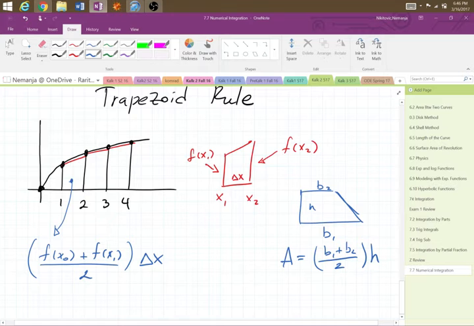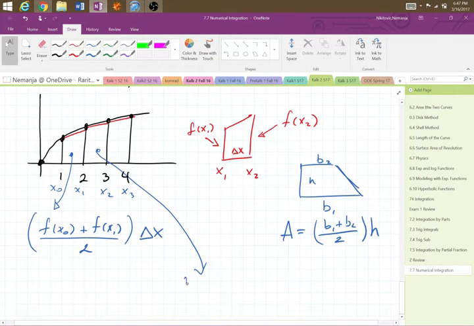If you flip that on the side, that's the area of the first one. This is x0, x1, x2, and x3. The second one would be the average of f of x1 plus f of x2 divided by 2 times delta x.